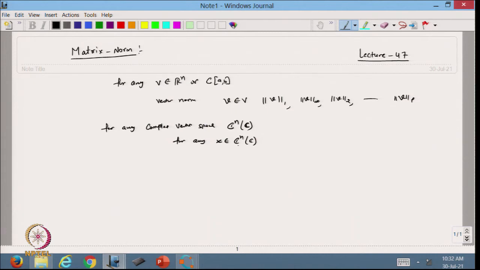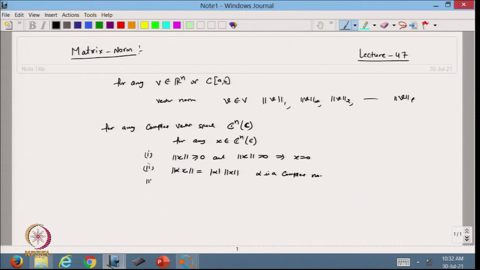Now in this case also, the first thing is that the norm of x will be greater than or equal to 0, and if it is 0, that implies x is 0. The second thing is that if I take any scalar alpha, the norm of alpha x is equal to the modulus of alpha times the norm of x, where alpha is a complex number.